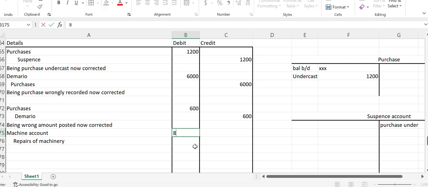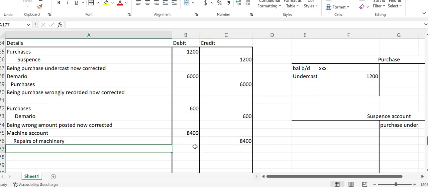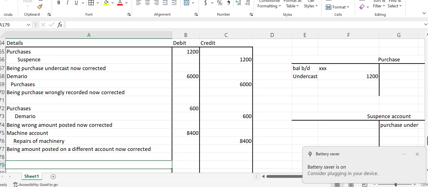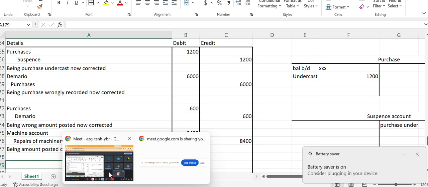So 8,400. So the narration will be being amount posted on a different account, now corrected.